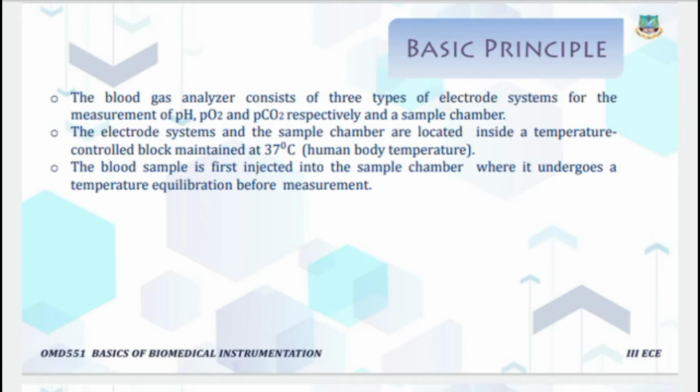The electrode system and the sample chamber are located inside a temperature controlled block. This block is maintained at 37 degrees Celsius, that is human body temperature.